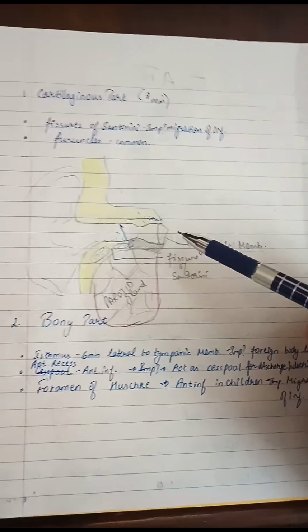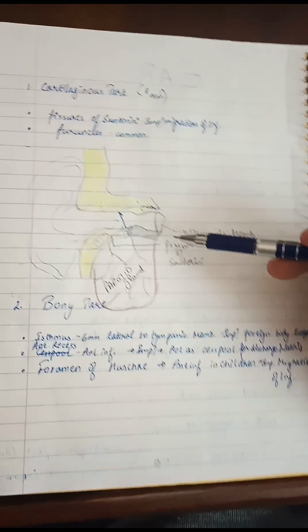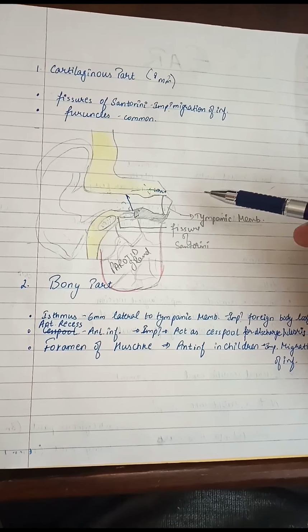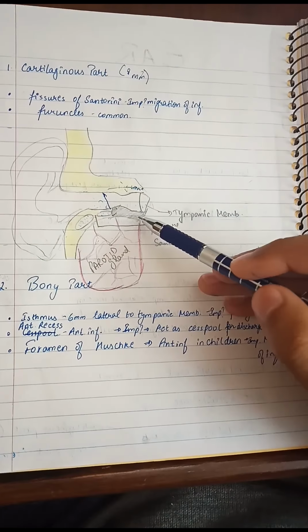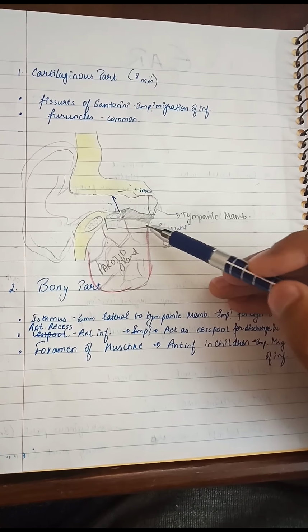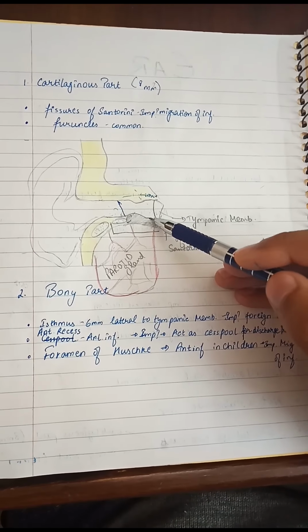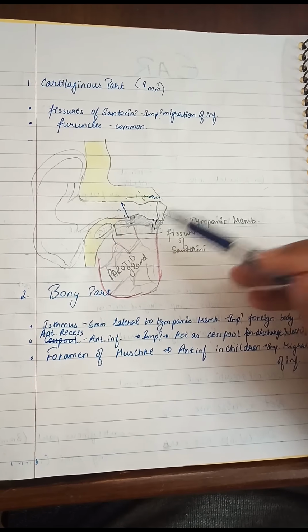Another important condition, which is seen in children up to 4 years of age, and can also be seen in adults, is that sometimes the anterior inferior part of the bony external acoustic meatus is deficient.